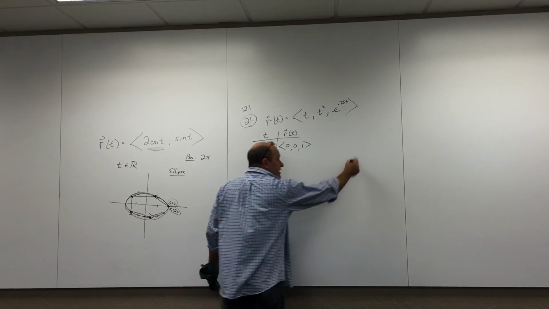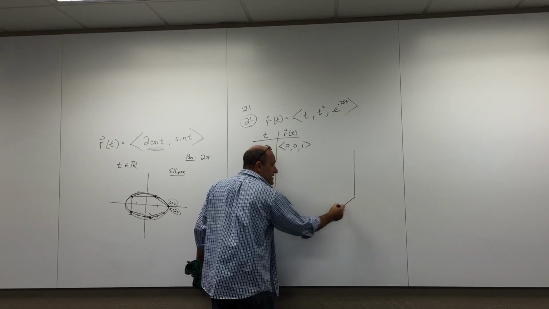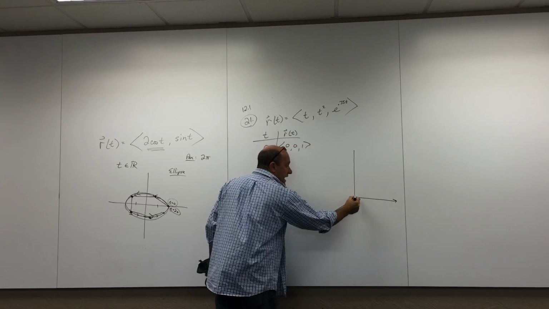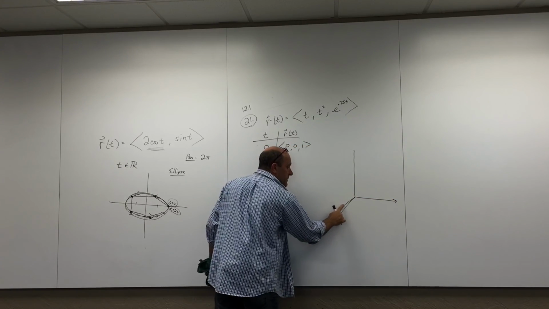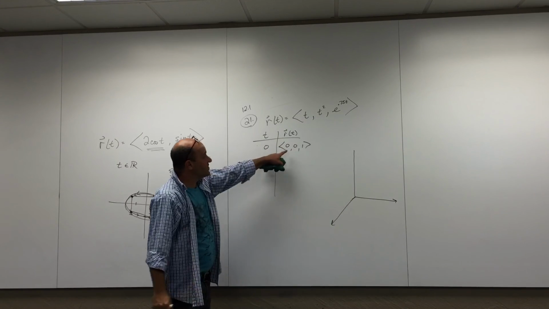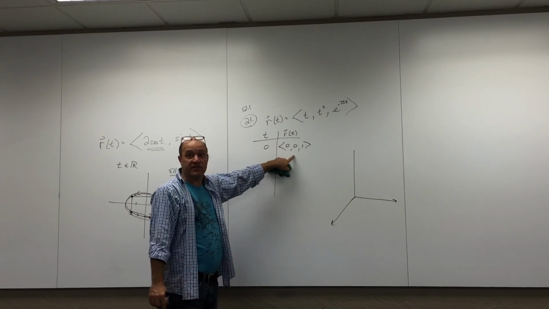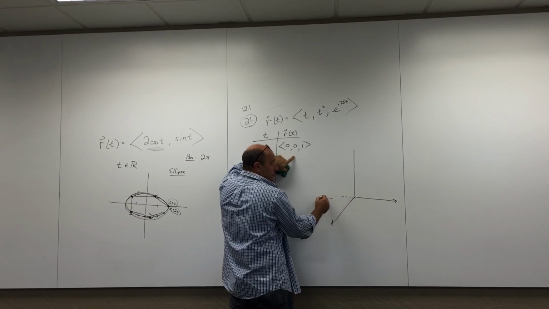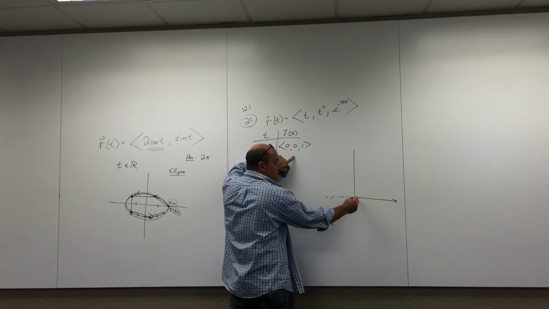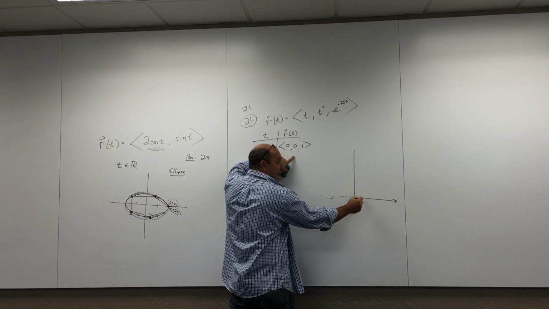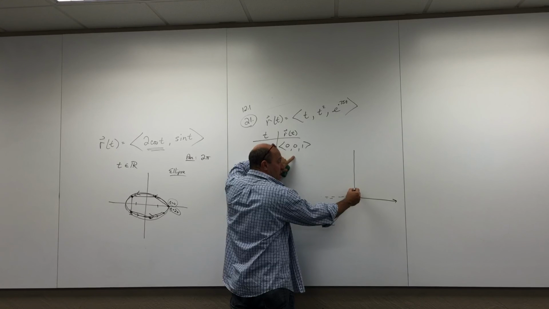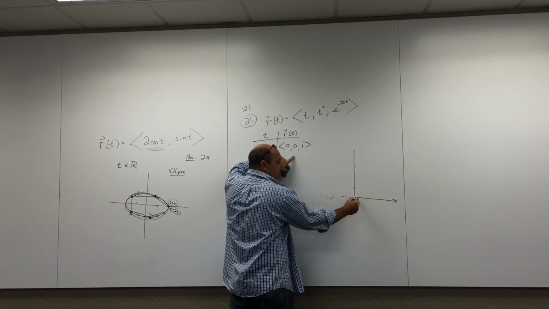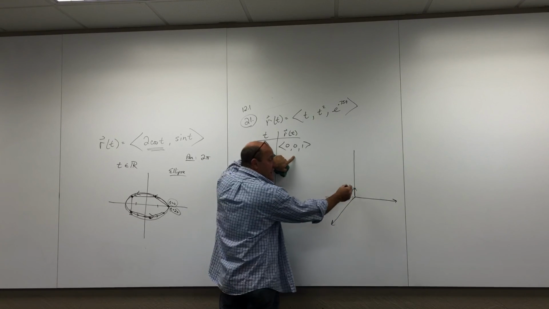Now keep in mind, this is three dimensions. This is going to be a messy graph if I start drawing this. What I have here is a position vector, and the position vector is 0, 0, 1, which starts at the origin: 0 in the x, 0 in the y, 1 in the z. So it goes up 1. But what I really am concerned about is where the vector ends up.